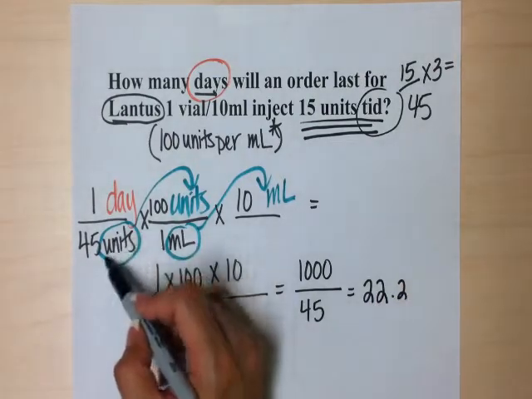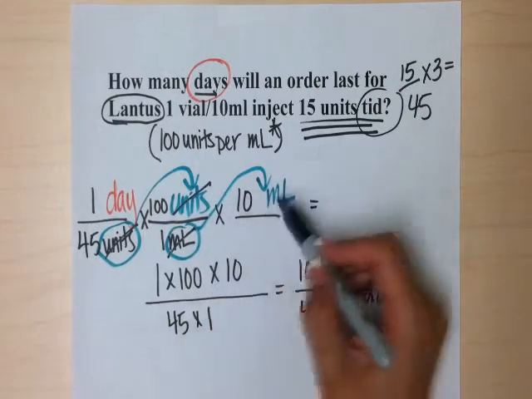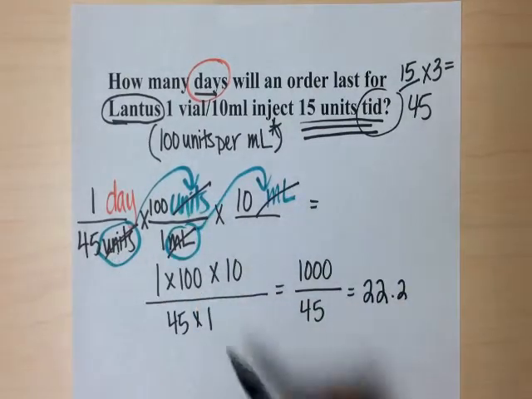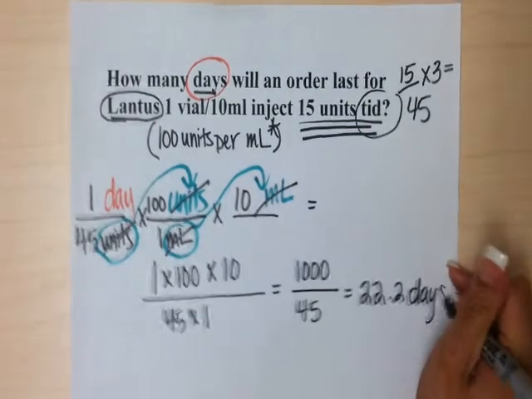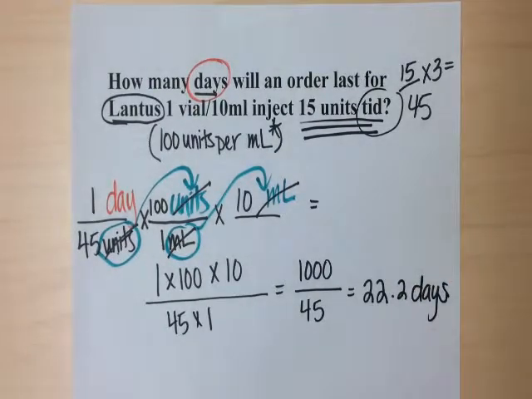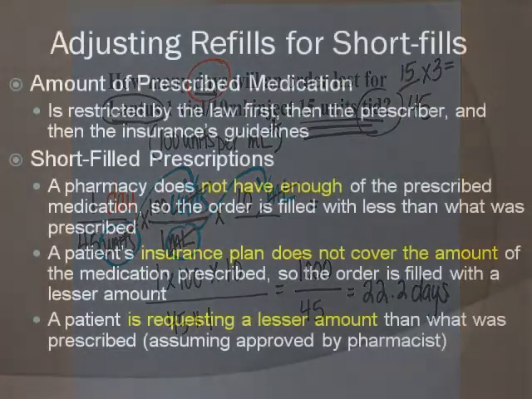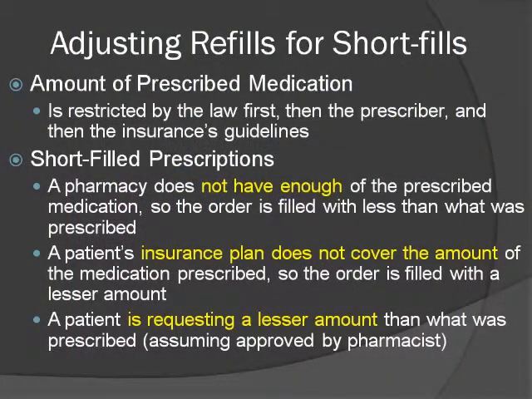And because units and units cancel, mL and mL cancel, we're left in days. So this is an illustration for day supply. Again, rewind if needed, and you can do several other similar questions found in Chapter 17 of your calculations book. Thank you. So that was day supply.